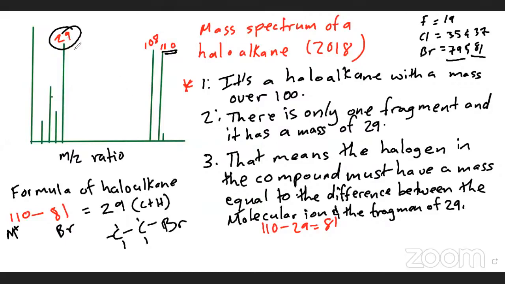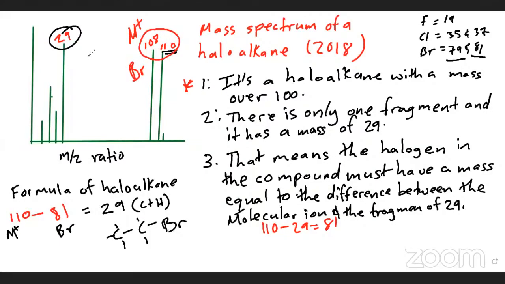The reason why we did this, when you look at this mass, so they're asking how we know which halogen it is. When you look at this, these two here are actually molecular ions. They are not fragments. So these two are bromine atoms.